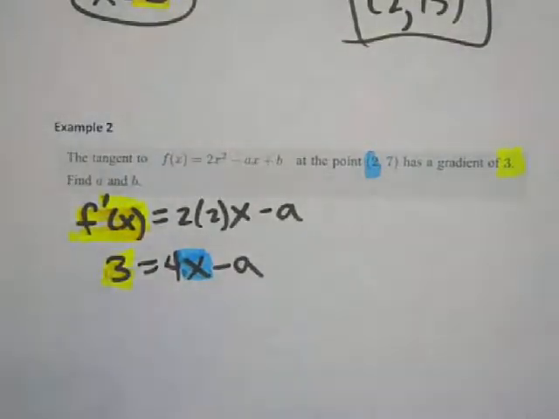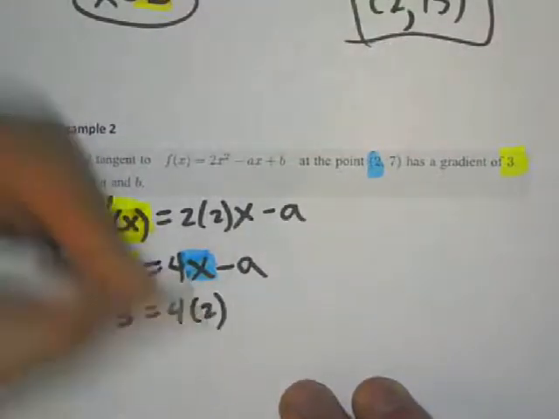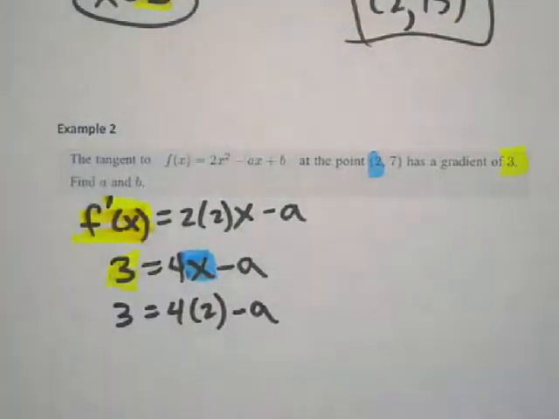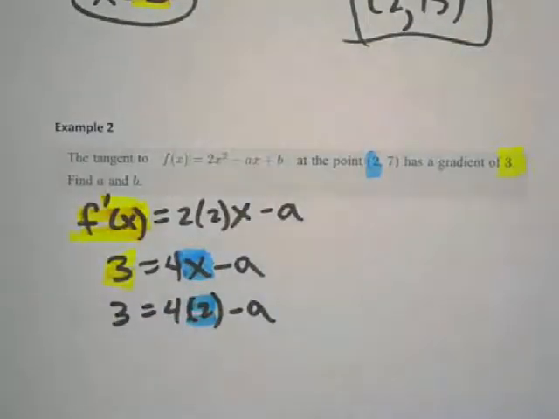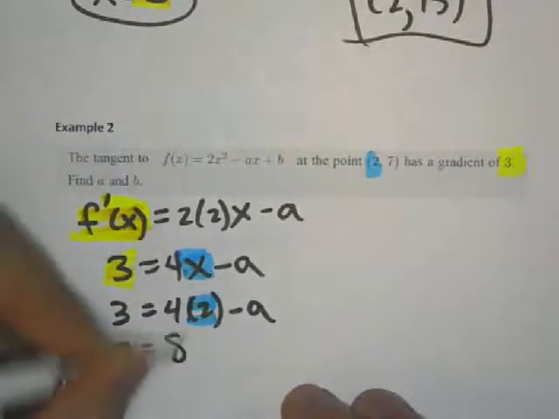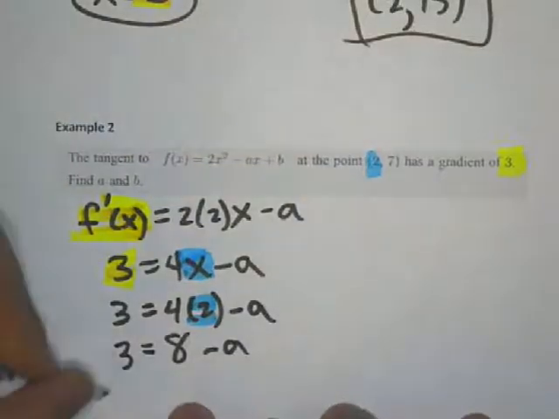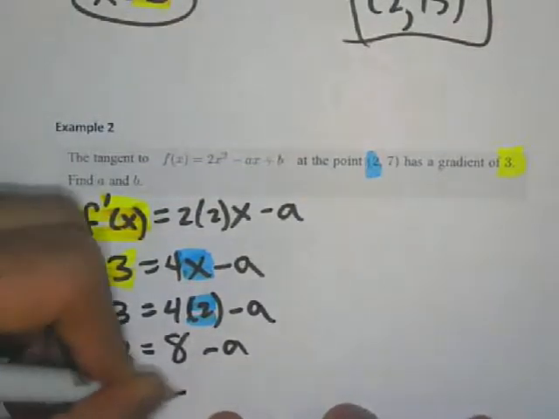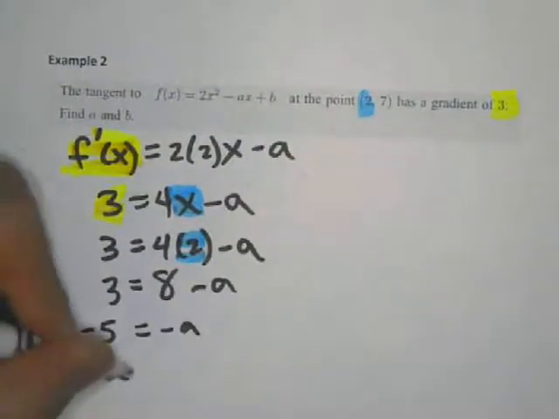So we get 3 equals 4 times 2 minus a. 4 times 2 is 8. Subtract 8 on both sides, I get negative 5 equals negative a. So a is equal to 5.